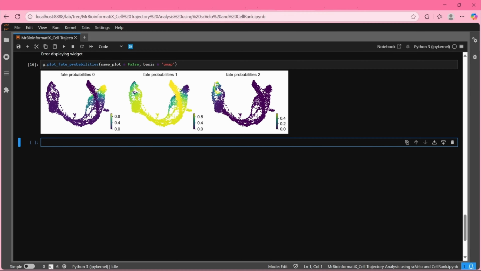And fate 1, beta: the bright yellow area sits on the beta cluster. This is the main beta cell differentiation path. Other regions are greenish-yellow, with moderate potential. And fate 2, ductal: the yellow spot is over the ductal region. Cells there tend to remain or revert to a progenitor identity rather than differentiate.